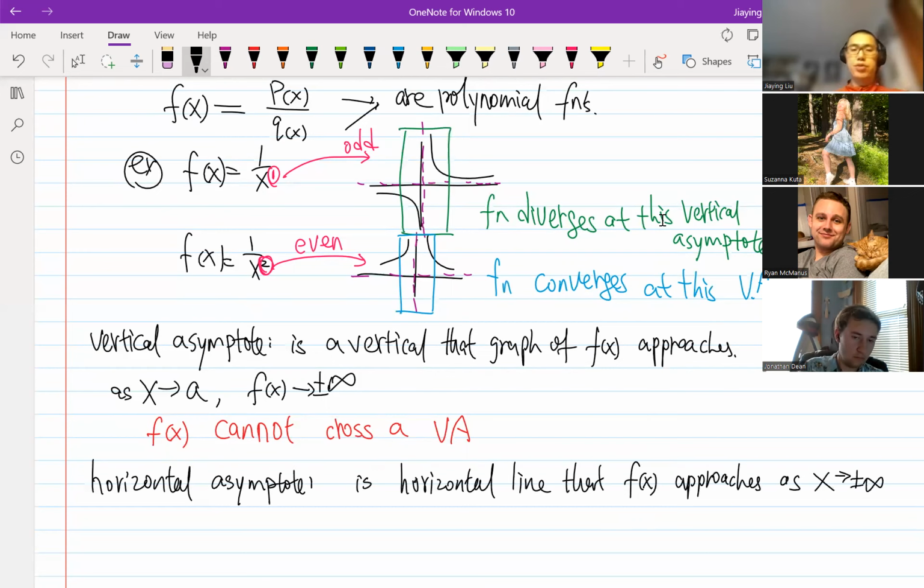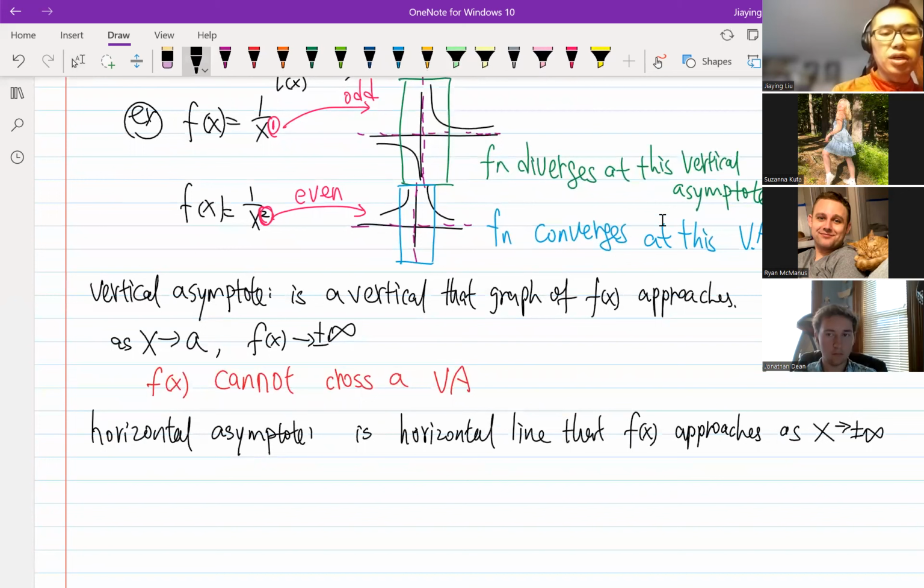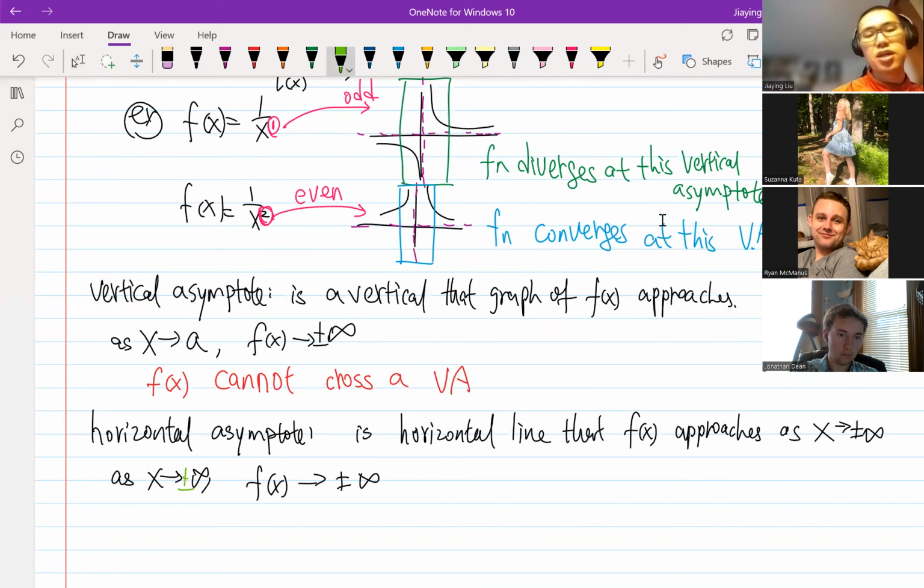So a horizontal asymptote is not what the graph approaches for x equals 5 or 10. It's what the function approaches as x goes to infinity or -infinity. So the notation is as x goes to infinity, f of x goes to some value, and you could also have x going to -infinity. It could be one of them, but doesn't mean all of it.